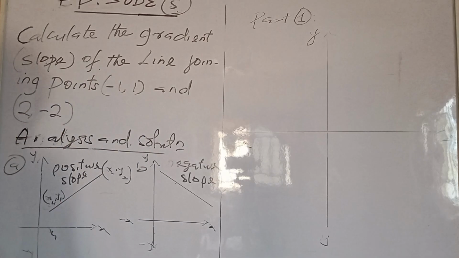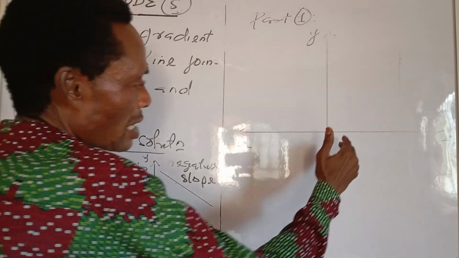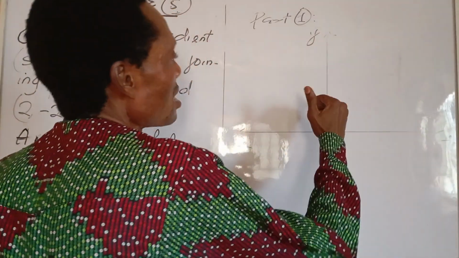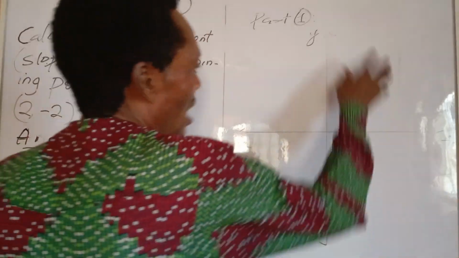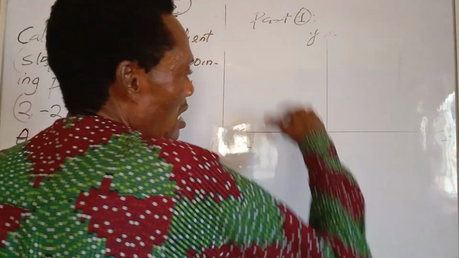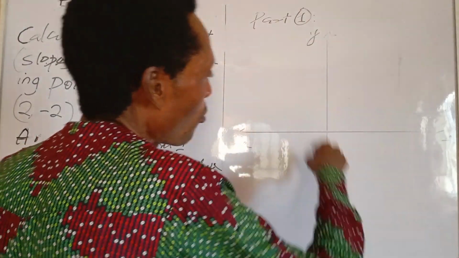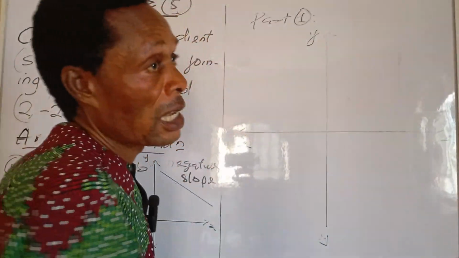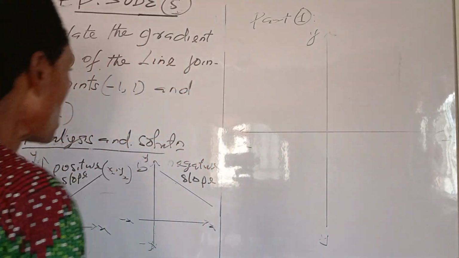This is the negative side of x, and this is the positive side of x. This is the positive side of y, and this is the negative side of y. This is the Cartesian plane. The x-axis and the y-axis divide the plane into four quadrants, or four parts.